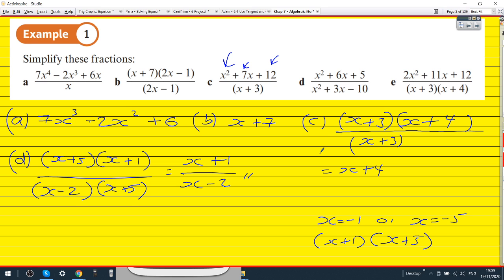Okay. So I got for the top x plus 1.5 and x plus 4.